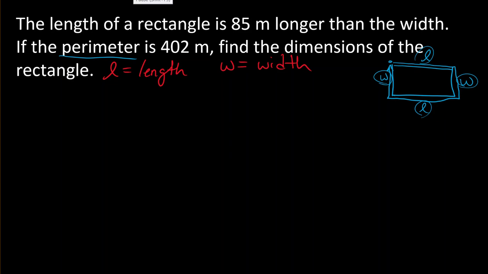All right, so let's develop our equations. It says the length of a rectangle is 85 meters longer than the width. Let's read that and try to develop an equation based off of that sentence. The length, L, of a rectangle is, so I think equals, 85 longer than the width.